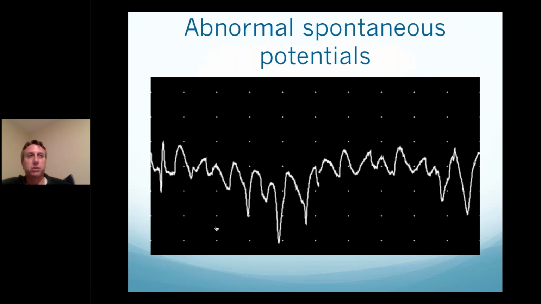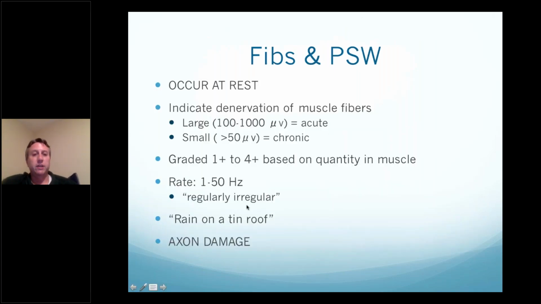But with fibs and positive sharp waves, each individual one fires at a regular rate, but the two of them on the screen are firing at different rates. So what I term that is regularly irregular. I made up that word and term.